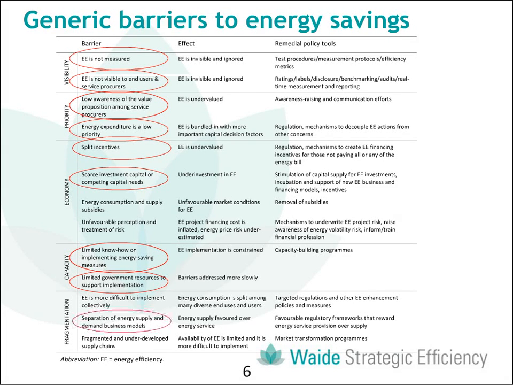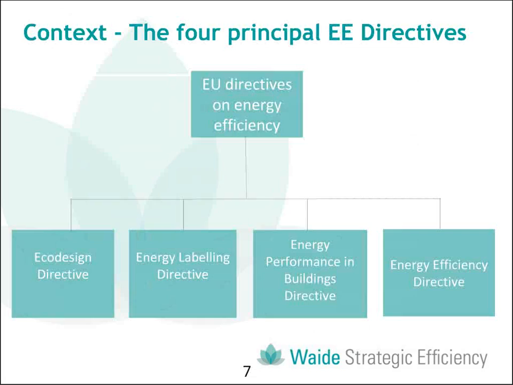And then you have problems of fragmentation, particularly in the supply chain, and separation of energy supply and demand business models. And the Energy Efficiency Directive includes provisions which help address all of these barriers I've indicated here in circles.